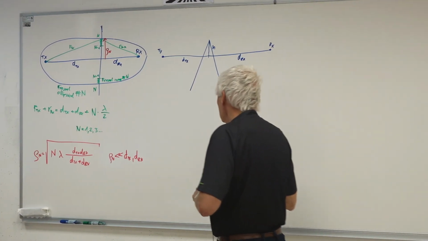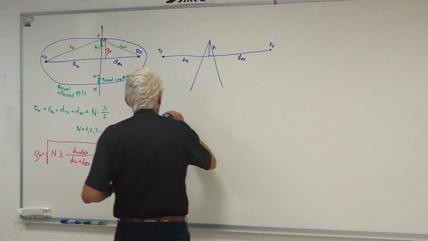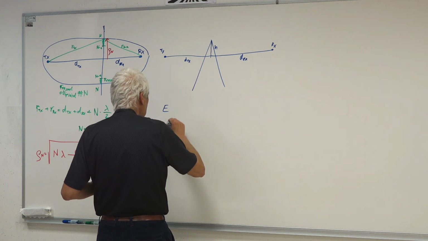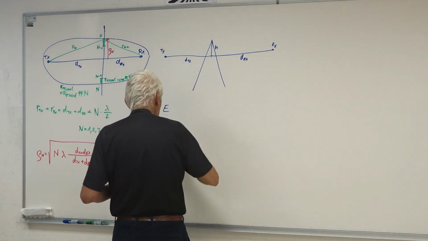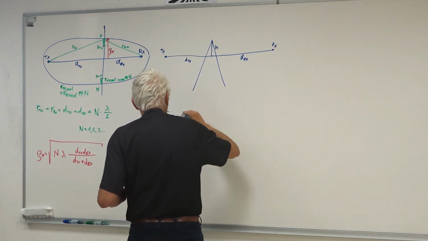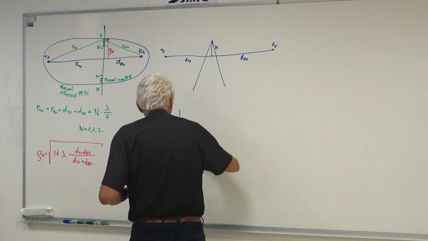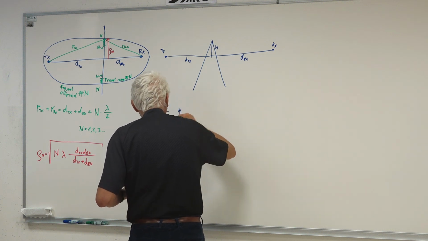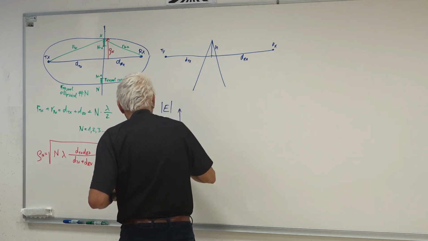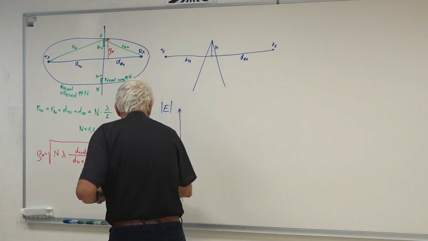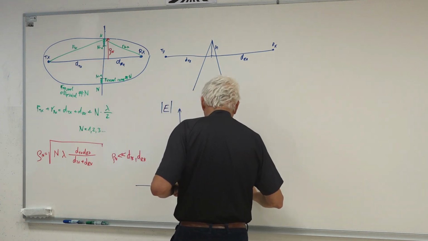And the additional loss, so the electric field in the receiver, if I just draw it here, the electric field without the phase, we are just looking at the magnitude, and here we look at the height of the obstacle.